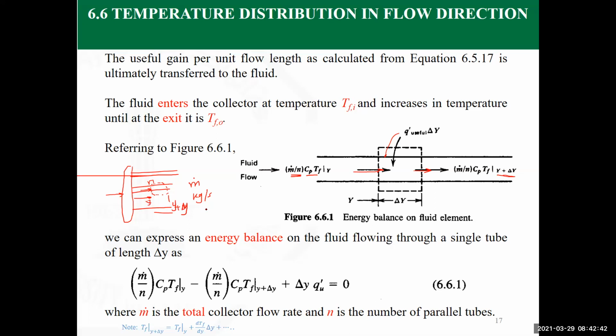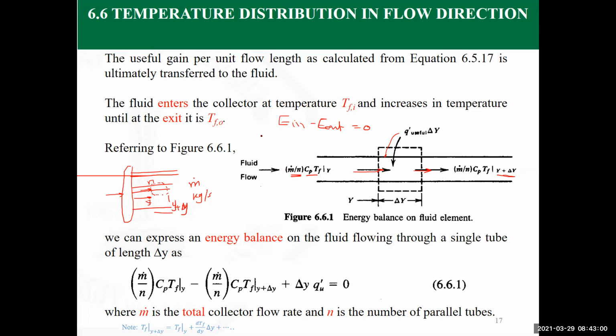One note before we proceed, to remind you of what we do here in heat transfer analysis, is that we look at the energy balance: energy in minus energy out is equal to 0. There's no energy storage, and we're assuming a steady state condition.